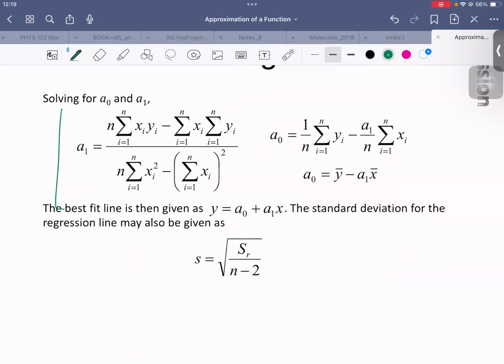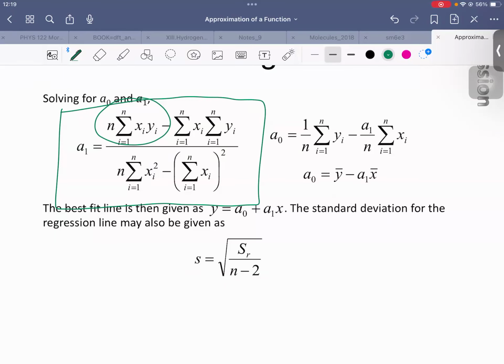Now A1 is a bit complicated, okay? So essentially what you need to do is to get the quotient of these two terms. So above you have the n times the summation of xi, yi all over n. Yung small n dito is the number of data points, okay?